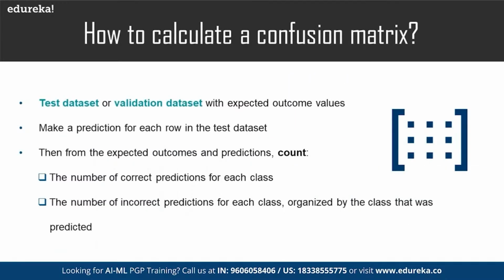Such outcomes we get either through the test data set or through the validation data set. When we have the validation data set, we use the cross-validation technique, for example k-fold cross-validation.